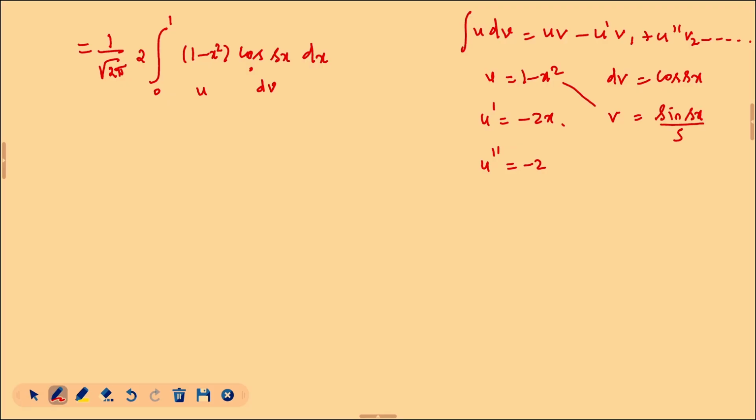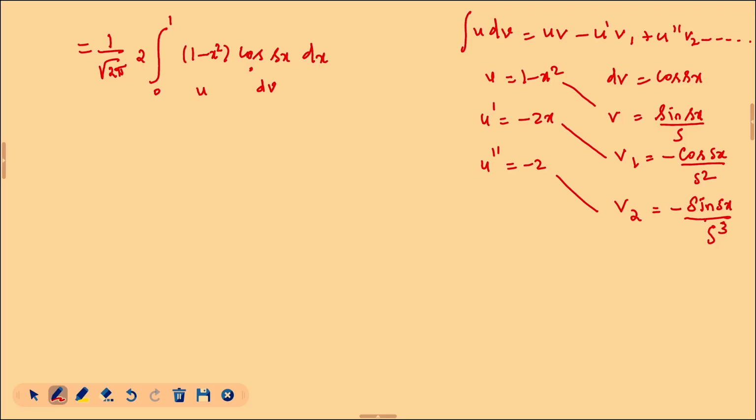Then for u' v1, the integration of sin is minus cos sx by s squared. Now v2, which is the integration of cos, is sin, so you have a minus sign: sin sx by s cube. So, this is Bernoulli's rule.